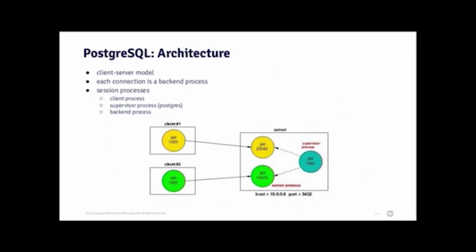So the Postgres architecture is basically a client-server model. So each connection is a backend process. And basically, when you are dealing with an application, you have three important processes. You have a client process, you have the supervisor, and you have a backend process.